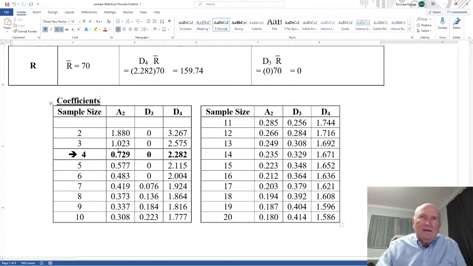Anyway, A2, but then which one of these A2s do I pick? The A2 I pick is based on the sample size, n equals 4.